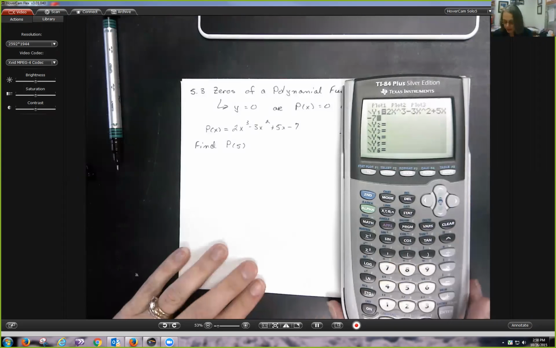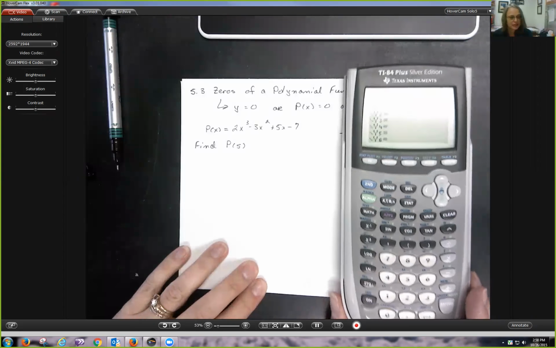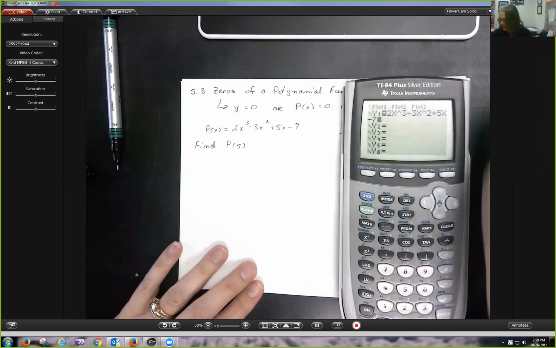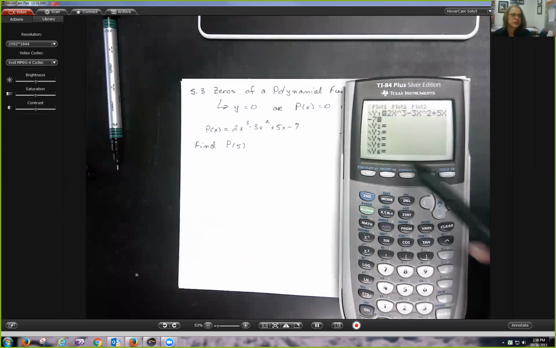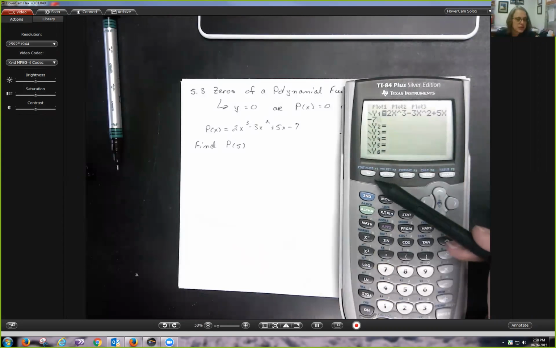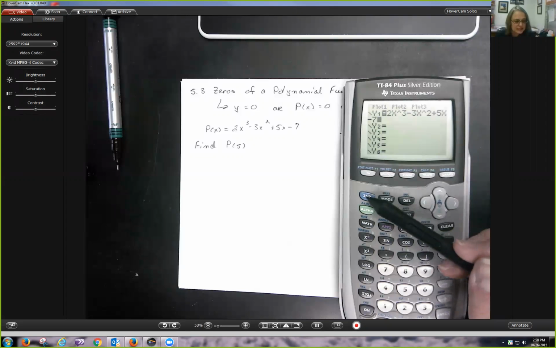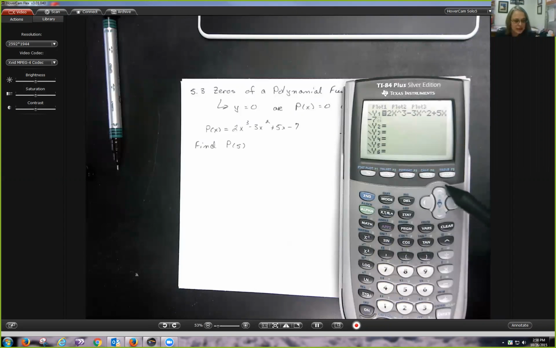Now, we're going to do something you might not have ever done before, so pay attention to the buttons I'm pushing. I'm going to look at a table of values. Push the second key and then the graph key.